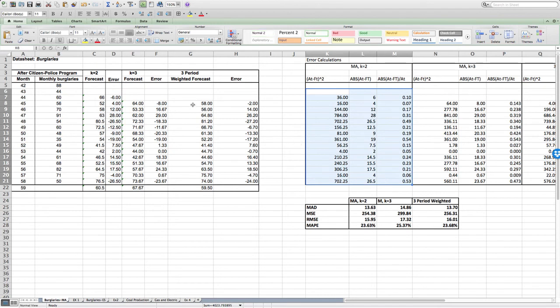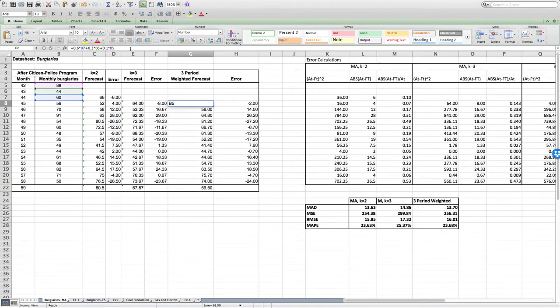Let me show you how the 3-period weighted forecast works. So here, if you click on the formula, you will see how the calculations are being carried out. What you see here is that I assigned, for example, 0.6 or 60% weight for the most current data point, which is month 44, B7, and I assigned 30% weight for the second most current data point, which is month 43, and I assigned only 10% for the least current data point, which is month 42.